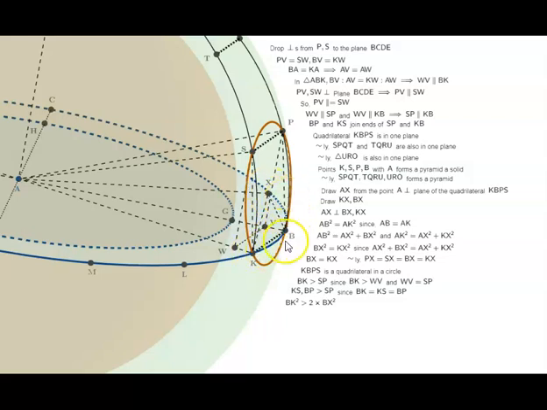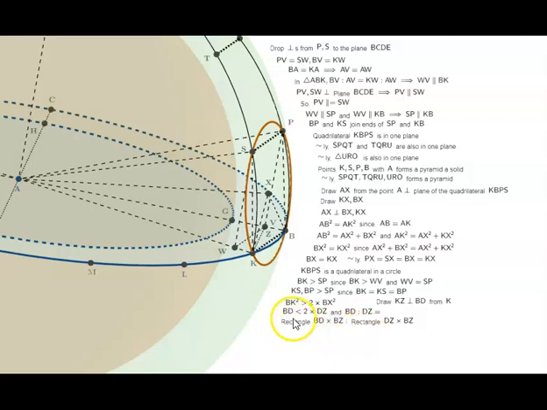Because KBPS is a quadrilateral, BX is the radius, and KB is greater than SP. Draw KZ perpendicular to BD. BD is the diameter of the outer circle. So let's draw that perpendicular KZ from K.